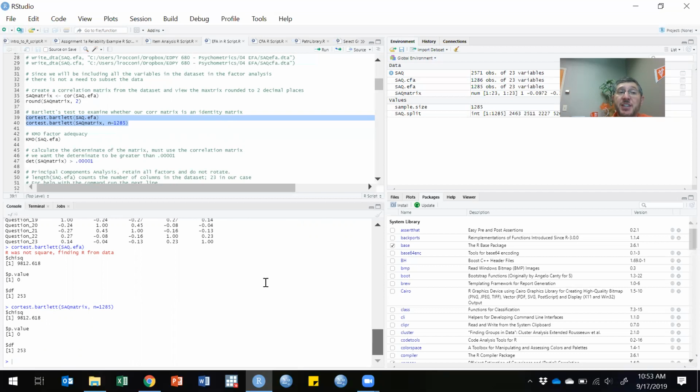We can also calculate the determinant of the matrix, and this kind of gives us the opposite of what Bartlett's test does. It's really a way to detect multicollinearity. Without getting into the math behind it, the determinant of the matrix you can kind of think of as like the area of the matrix.